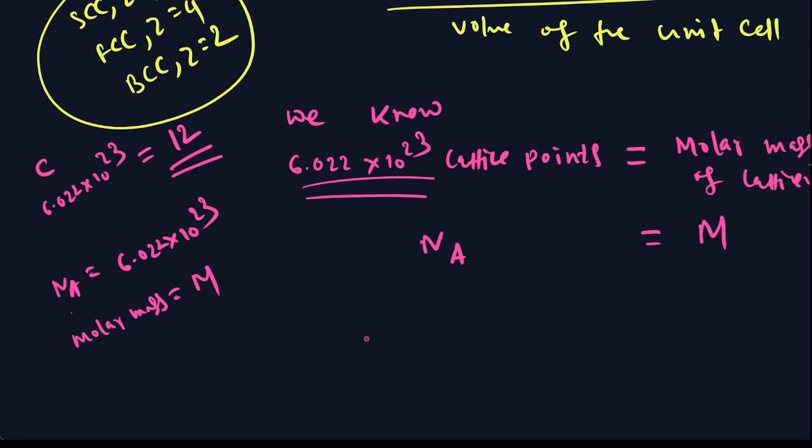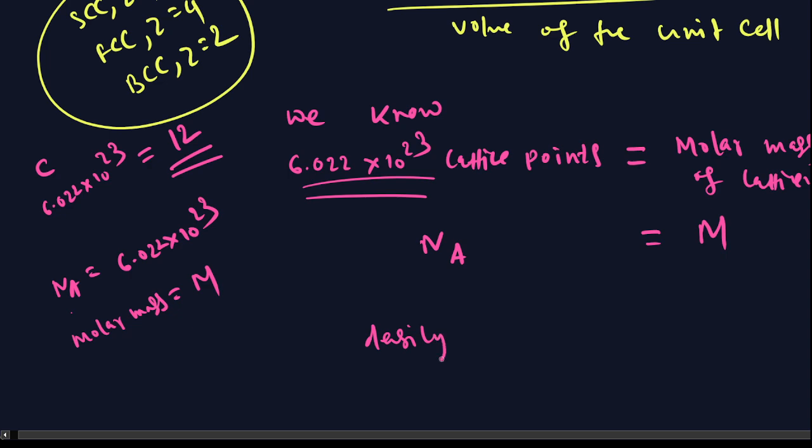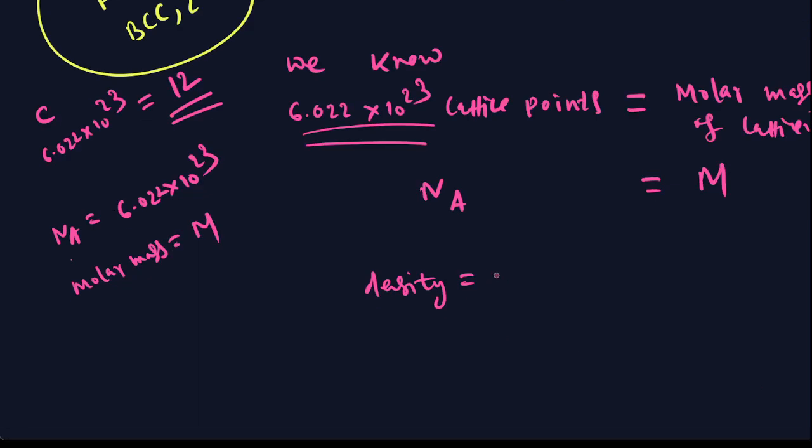So now, for the density, we can write Z into the mass of one lattice point.